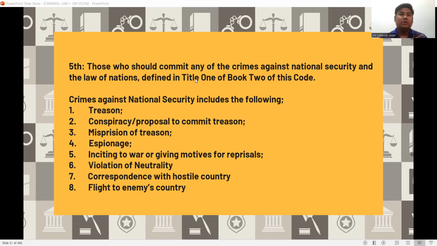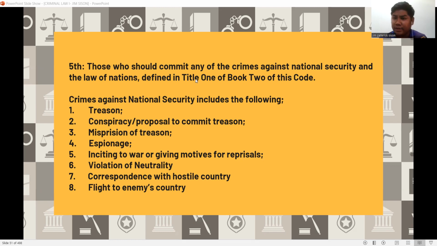And last number, the fifth instance. So those who should commit any of the crimes against the national security and the law of nations. This is defined in Title 1 of Book 2 of the Revised Penal Code. So what are crimes against national security? Treason, where you betray your own country during war.